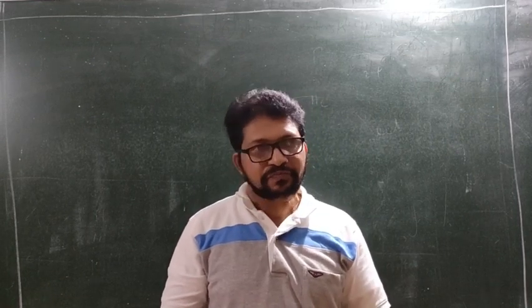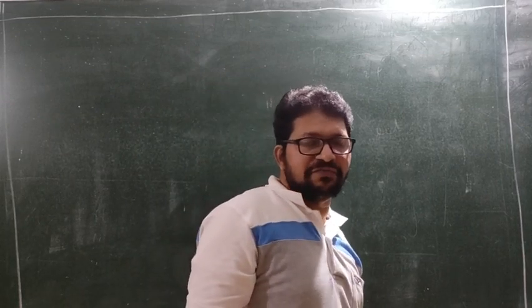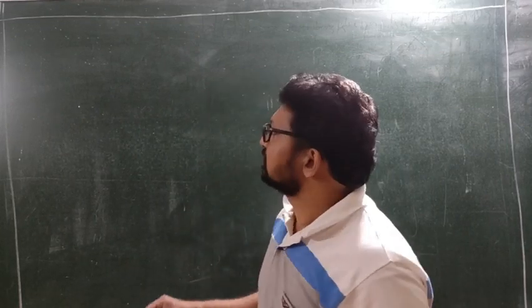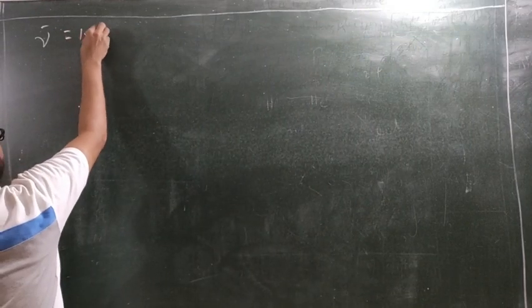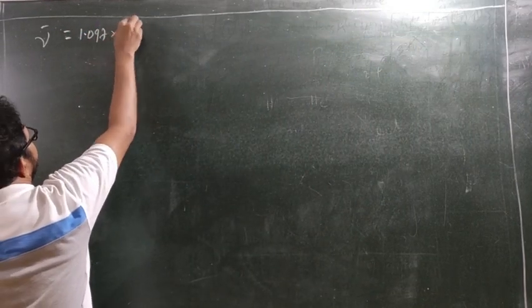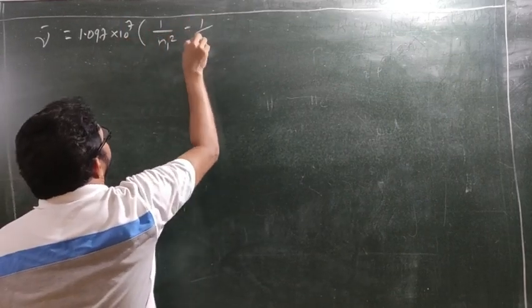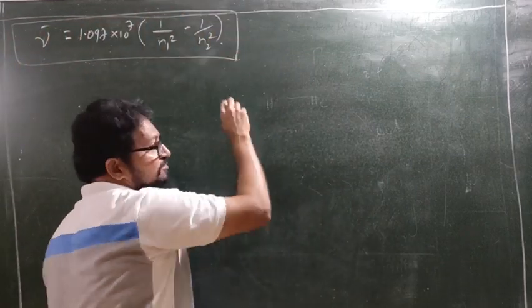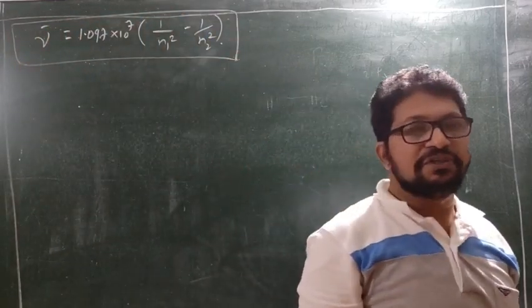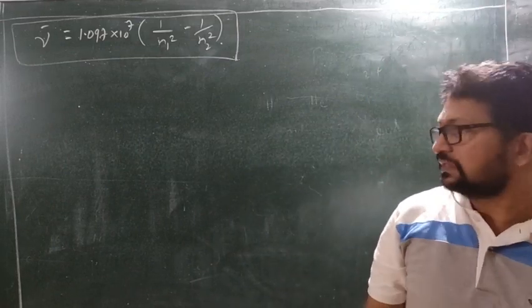So now, I have derived some equations, if you have not forgotten. One equation, look here: mu bar is equal to 1.097 into 10 raised to 7 (1 by n1 square minus 1 by n2 square). This is an equation to calculate the wave number. What is wave number? The reciprocal of wavelength.